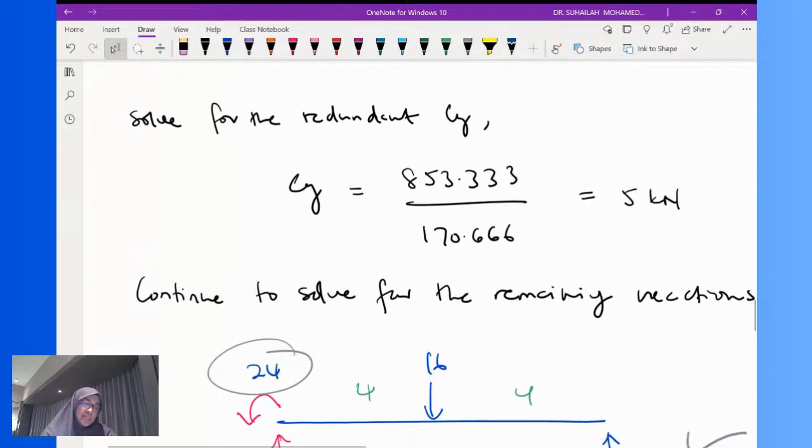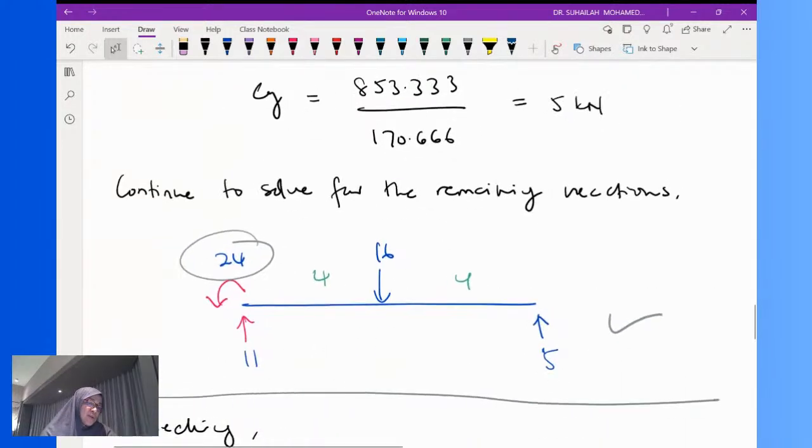We put the redundant value, By of 5 kilonewton at B, and continue to calculate the remaining reaction at A using the equilibrium equation. There is another way: we can also determine the remaining reaction using the principle of superposition, but we will discuss that in the next example.